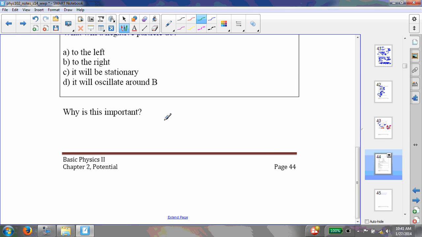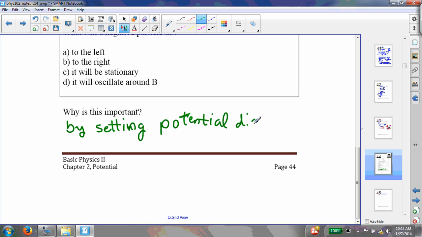The reason this is important is because by setting up potential distributions, which is fairly simple to do, you can direct the path of a charge.